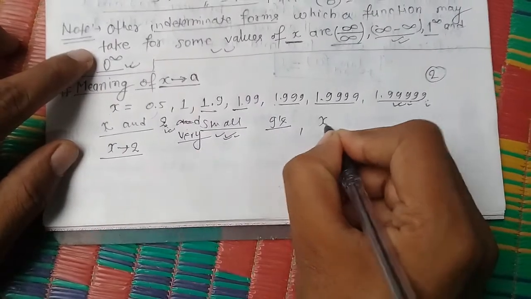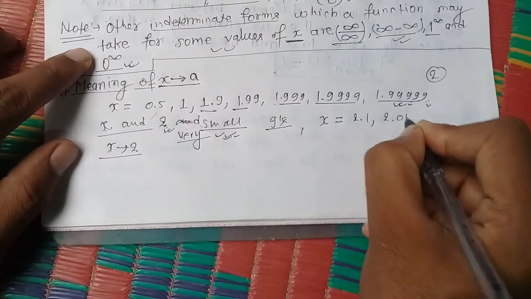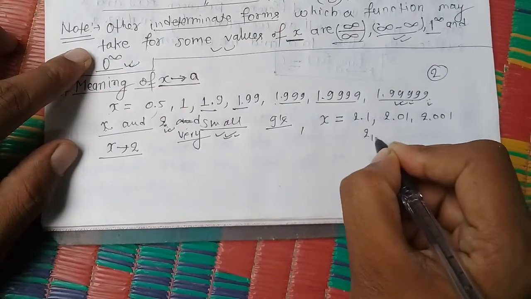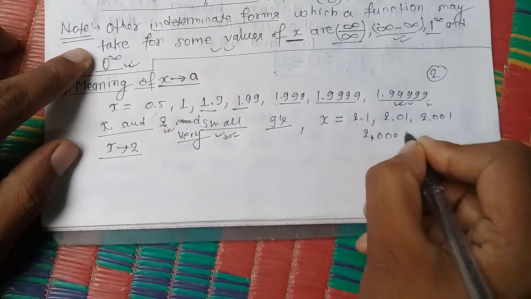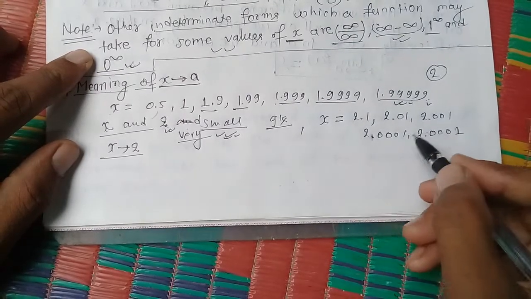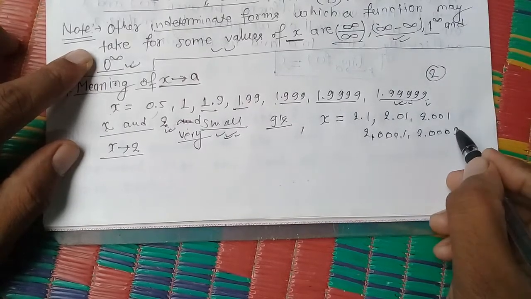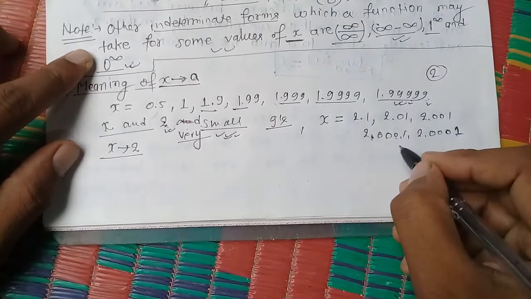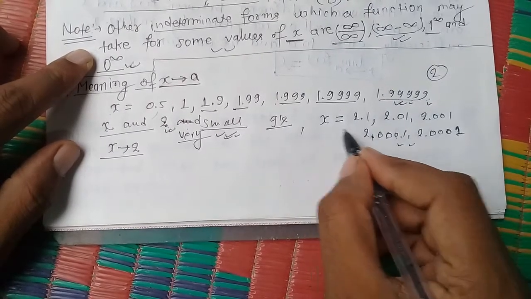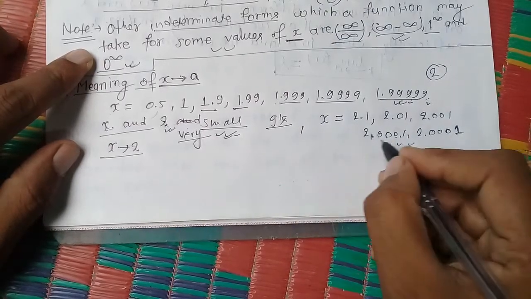Again, if we put x equal to 2.1, 2.01, 2.001, 2.0001, again 2.00001. In this way, if we increase the zeros and put 1 at last, it will approximately equal 2, but x will always be greater than 2, not exactly 2.